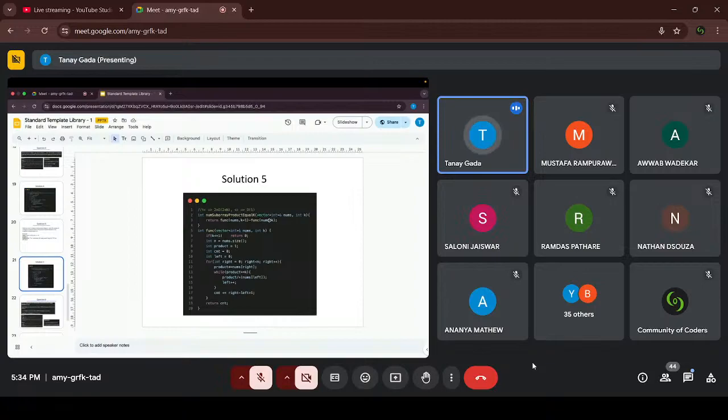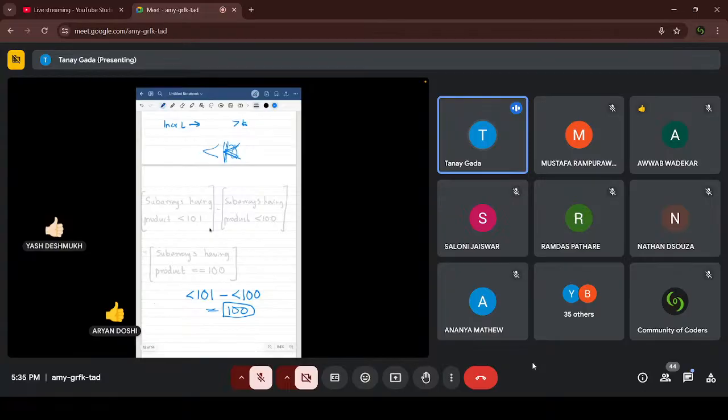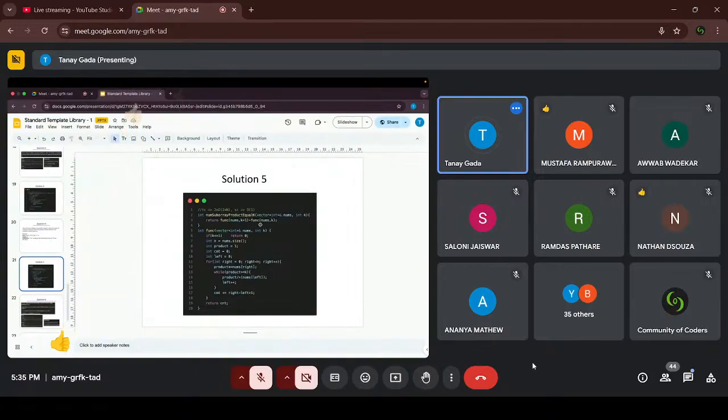Did you get this? You got the subarrays with product less than 101. So this code also shows what we are doing for this problem.